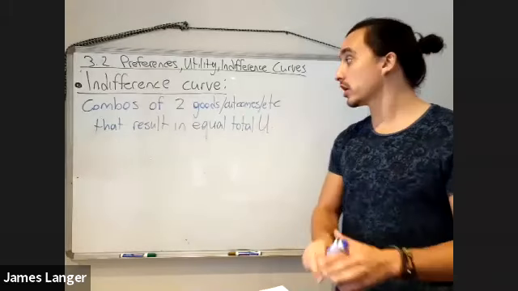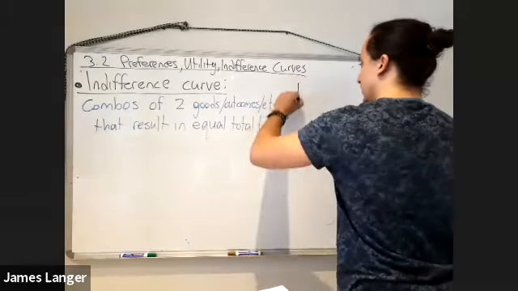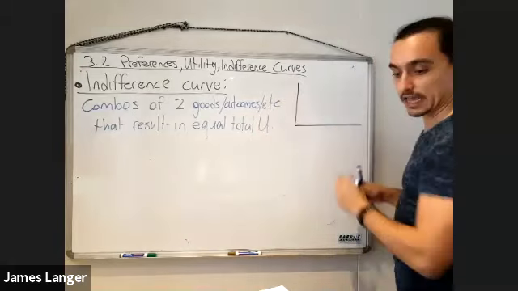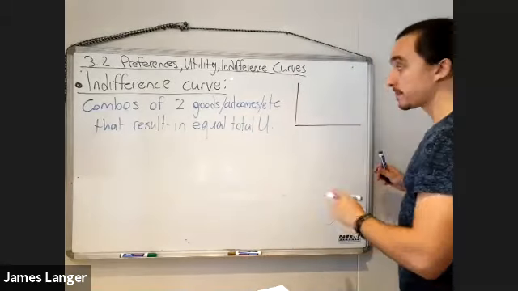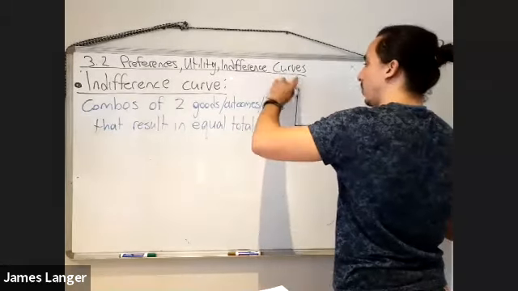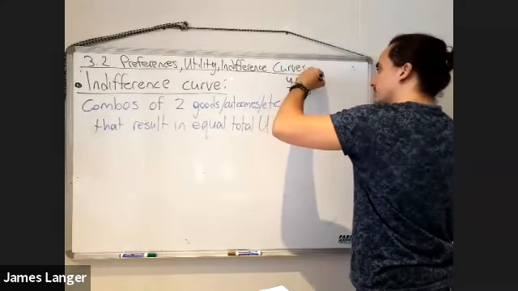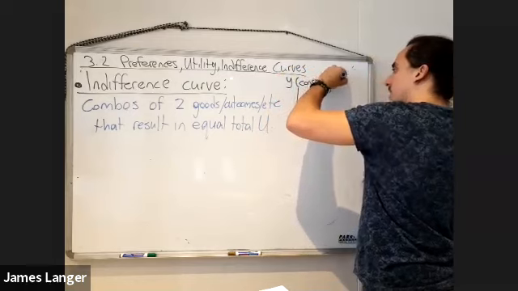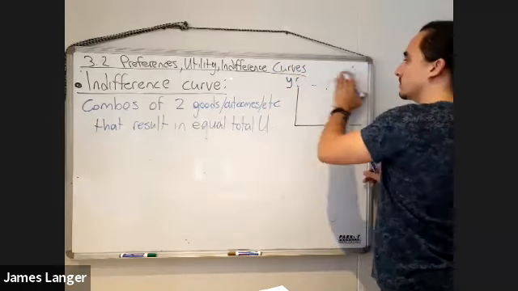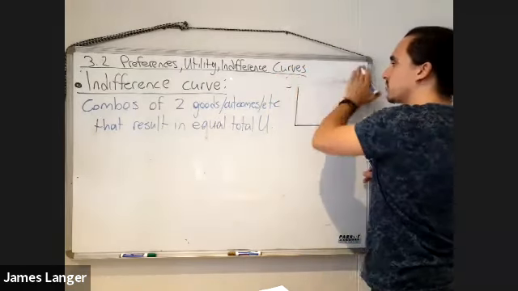So indifference curves, we measure it like this. Let's say that this is Y, so this could be anything. Y can be anything, but what we're going to be working with is consumption, right? Actually, no, I'm going to erase that. Don't write that down.